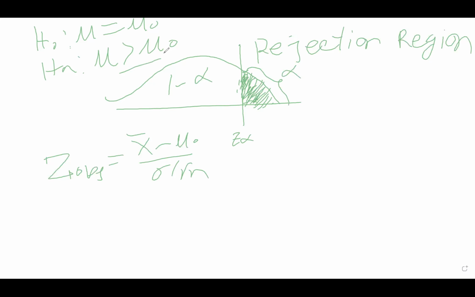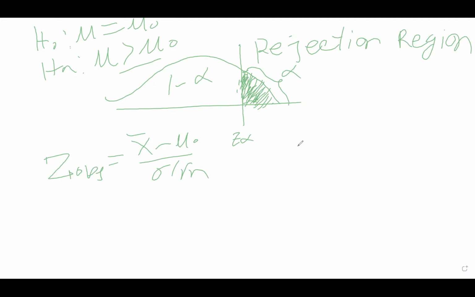So one-tailed test is what exactly? Well, what are the types of tests? The test statistics are the same for one tail, two tail, upper tail, and lower tail. The difference is the rejection region. The rejection regions are different for different tests.